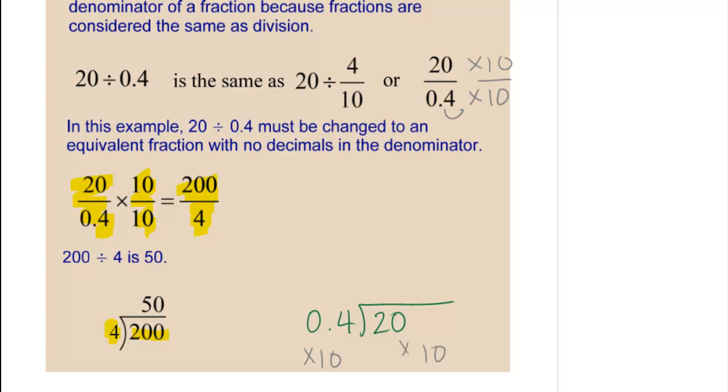So of course when we do this, we end up with the 4, because 0.4 times 10 is going to move that decimal one place over to a 4, and 20 times 10 will move that decimal over one place to 200. So that's how we can not deal with fractions and just change our problem very quickly. But I want you to understand why we do this to help you remember the rule.